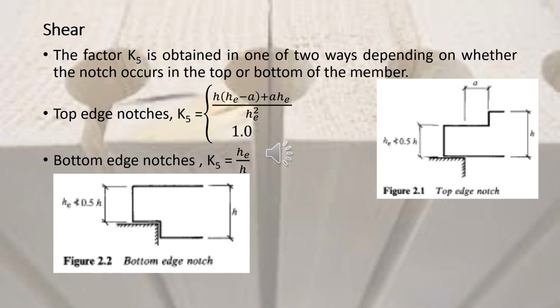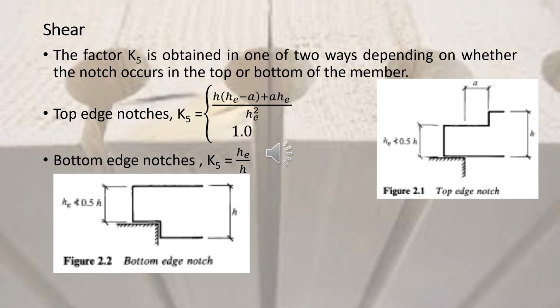Now, the factor K5 is obtained in one of two ways and depends on whether the notch occurs in the top or bottom of the member. So this is very important. Figure 2.1 shows the notch occurring at the top of the member, while in figure 2.2 the notch occurs at the bottom of the member.